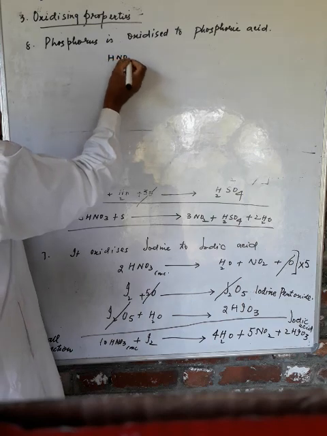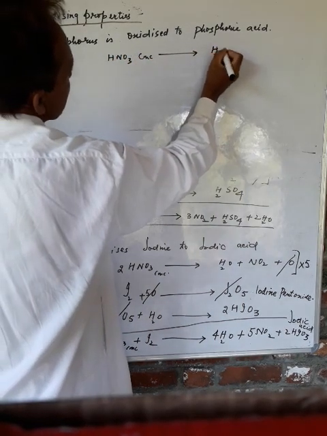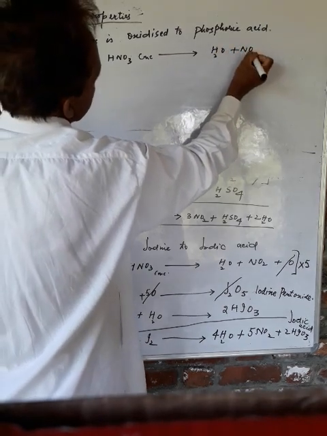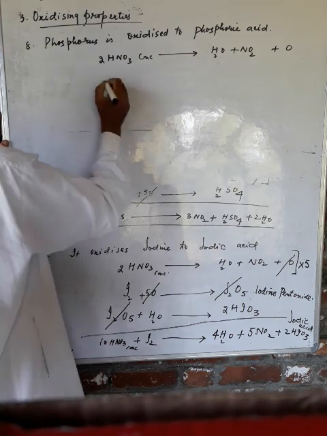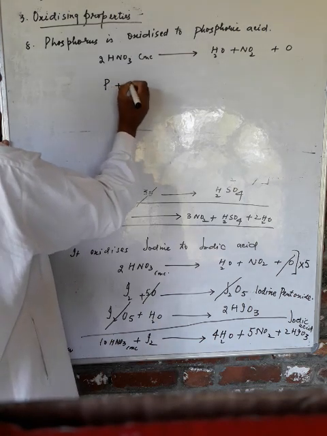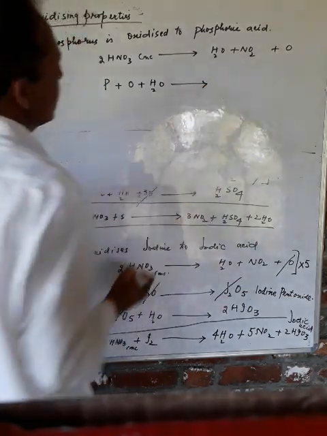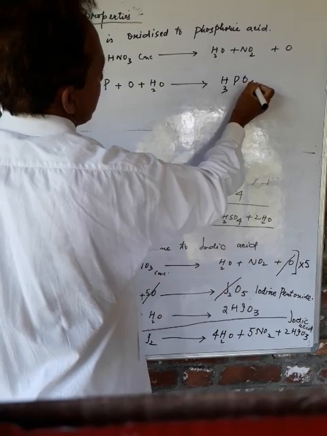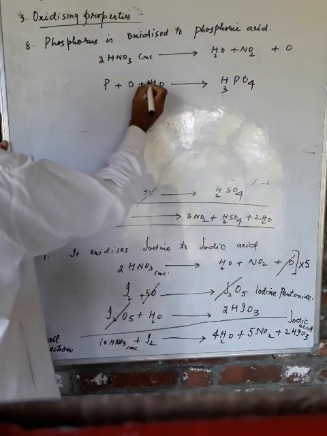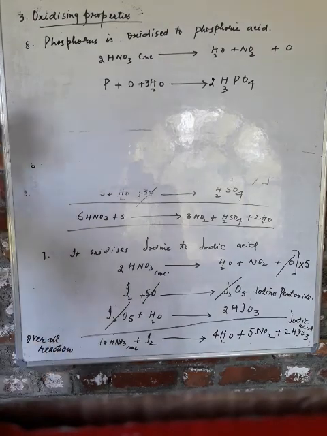Concentrated HNO3 gives H2O plus NO2 plus O, otherwise phosphorus plus O plus H2O gives H3PO4. So we will write 3 times here, we will write here 2 times.